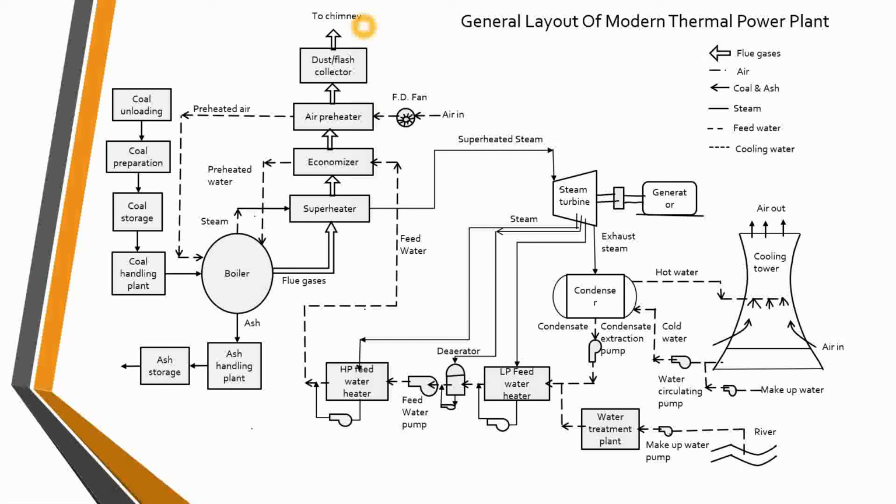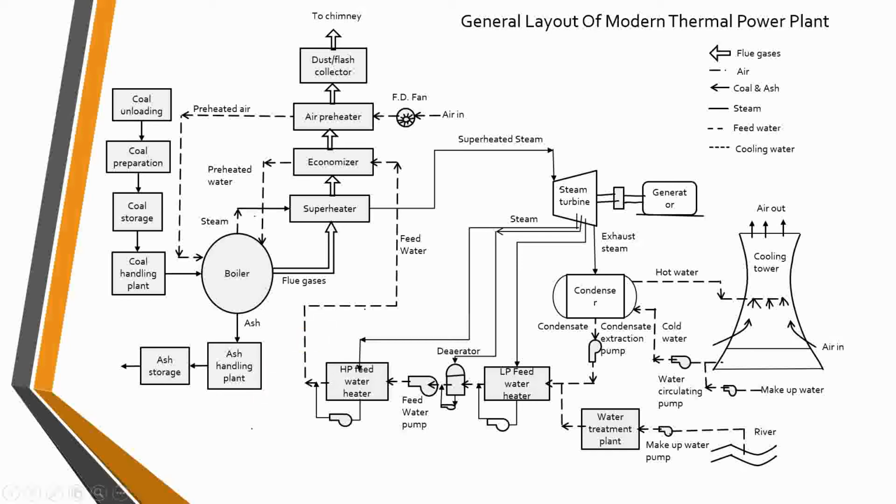This collector will strain all the tiny dust or ash particles which are harmful for the atmosphere. We can't leave those particles straight into the atmosphere. After burning the coal, we also get ash. That ash is separated in the ash handling plant and ash storage. After that, we can utilize it as fertilizer or make bricks or whatever the application is.